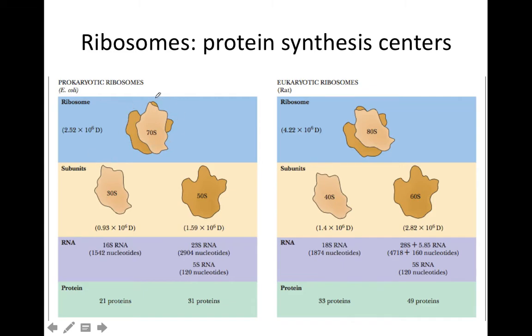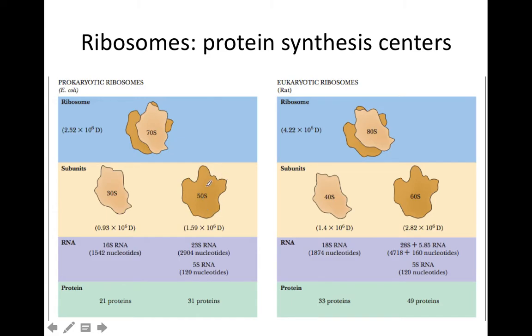Prokaryotic ribosomes are largely named as 70S, S meaning the sedimentation coefficient, the unit with which these were isolated. The 70S ribosome has a large subunit and a small subunit. The small subunit is named 30S, whereas the large subunit is named 50S.